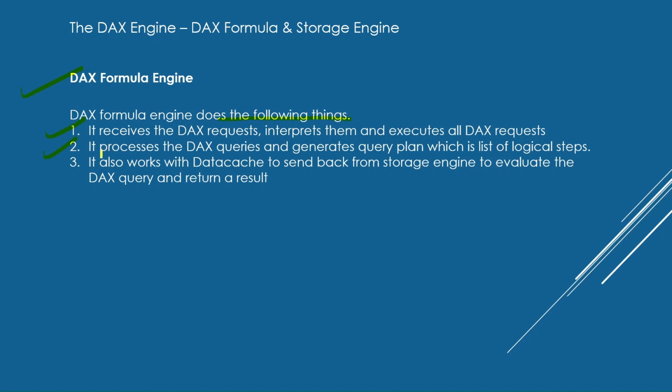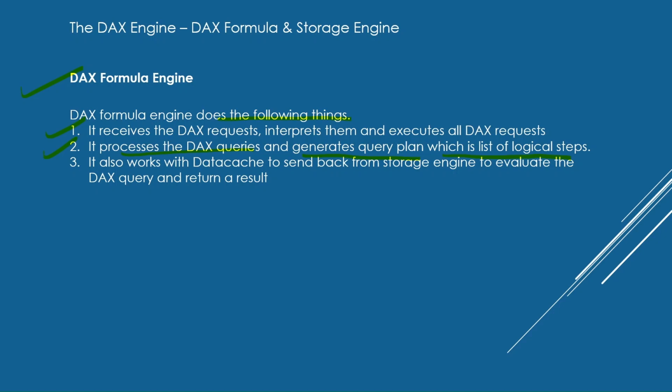The second thing it does is process DAX queries and generate the query plan, which is a list of logical steps. So the second step of the formula engine is, when it receives the DAX query, it processes the DAX query, because the formula engine is the only engine which understands the DAX query. It generates a query plan. A query plan is nothing but logical steps.